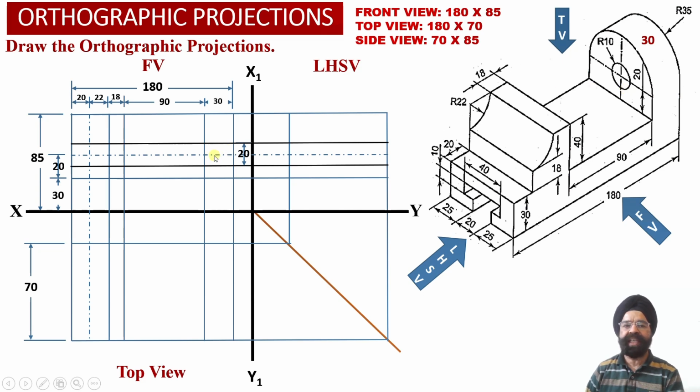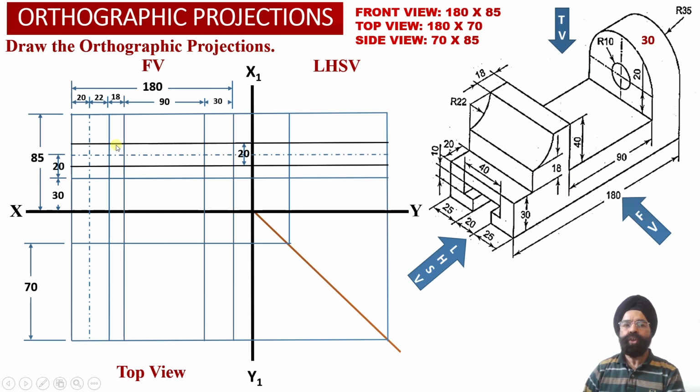So from the center line which we have obtained over here, we are going to take an offset of 10 millimeter above the center line and an offset of 10 millimeter below the center line, so that this diameter of the circular slot into the vertical web can be located onto the right hand side portion of the solid.